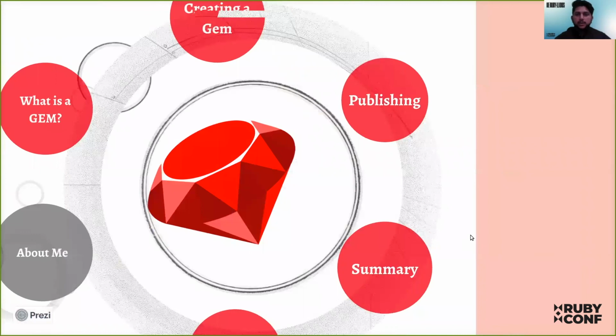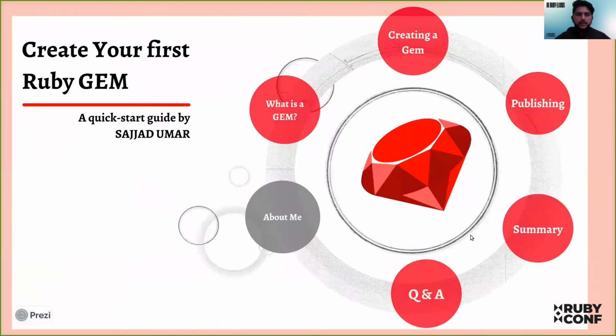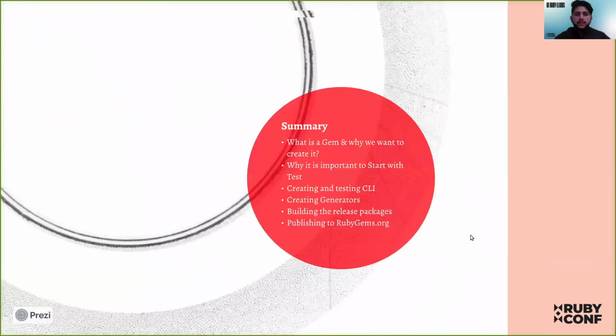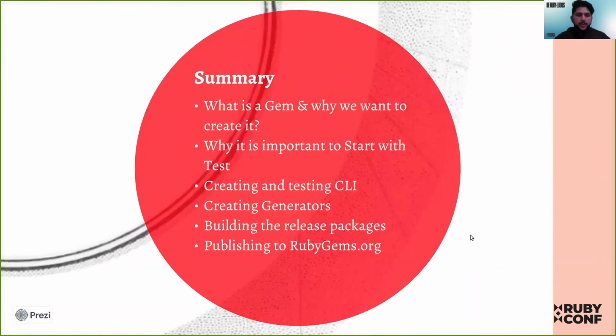To summarize all the things I have covered in this session, let me just revise. We have seen what a gem is and why we want to create it, why it is important to start with the test, and we have also covered how we can create a CLI for our gem and how we can create some generators.